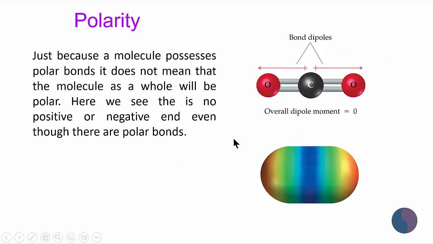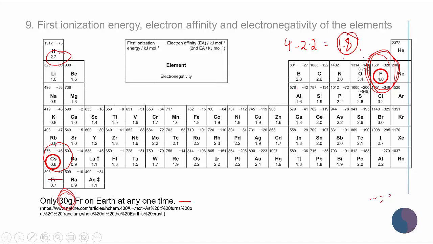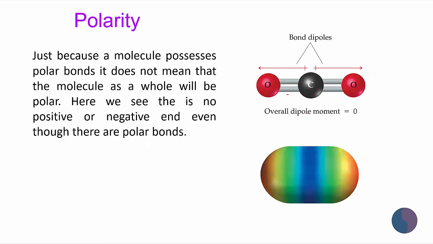Now, moving on from there, just because a bond is polar doesn't mean it's a polar molecule. So here we've got very polar bonds, C and O. So 2.6, 3.4, 2.6, 3.4. You're going to have to do this. So that's a difference of 0.8, which is between 0.4 and 1.8.